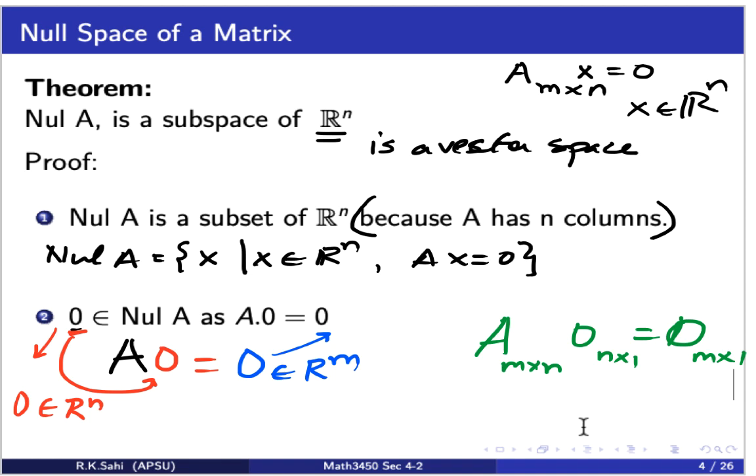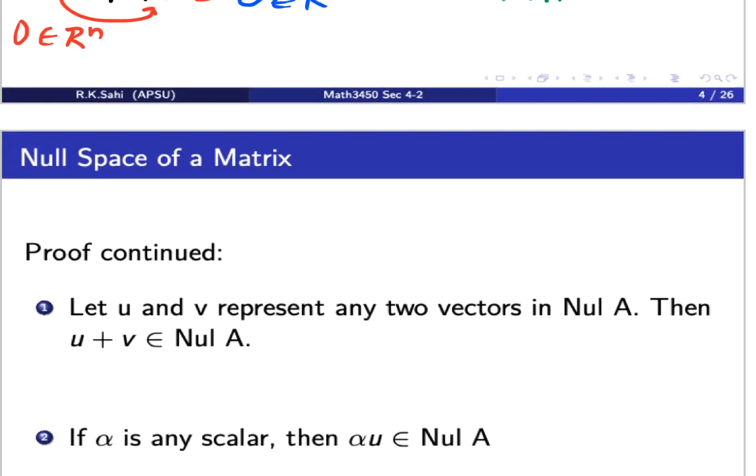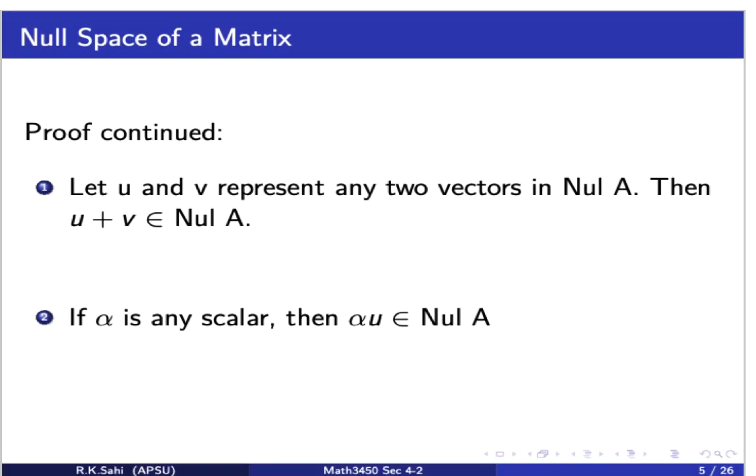Now we're going to prove 2 more. If we have 2 elements in the null space of A, then the sum of those 2 vectors is again in the null space of A. So what we are proving over here, guys, is the closure property of vector addition.